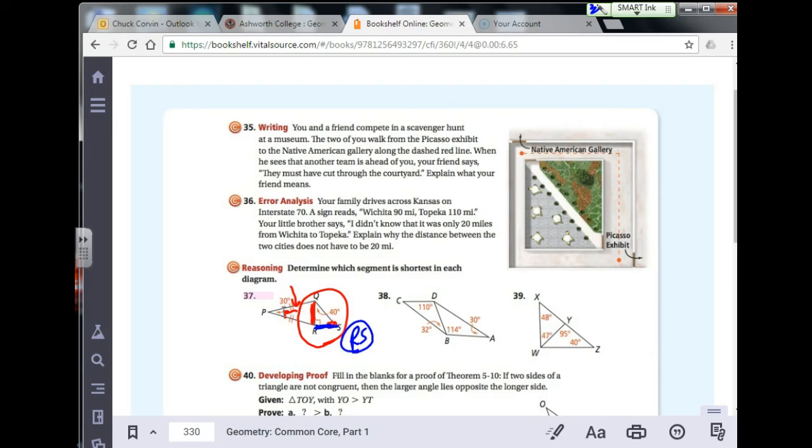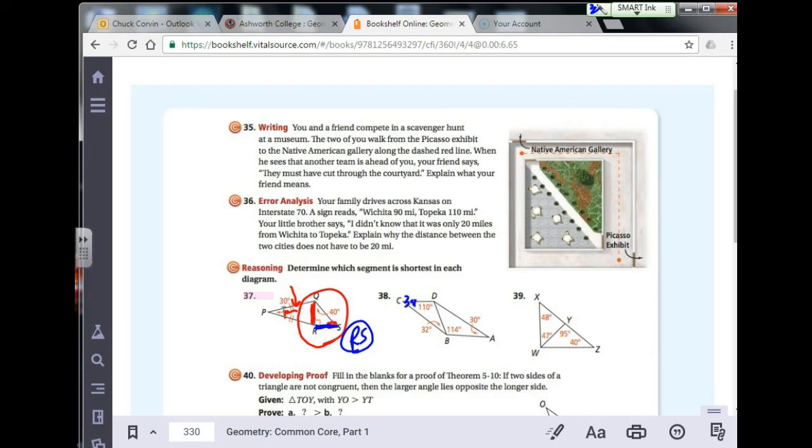Okay, look at 38, same thing. If this is 32 and this is 110, then the third angle, or angle C there, would have to be 180 minus 110 minus 32, which is 38 degrees. So that's 38 degrees right there.